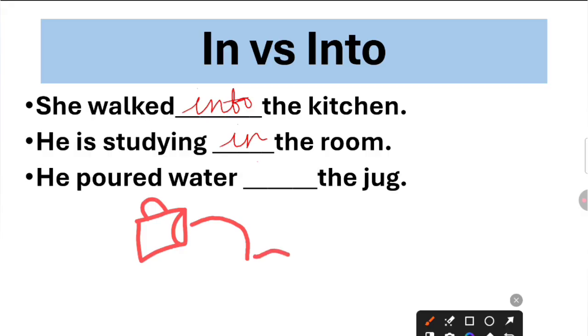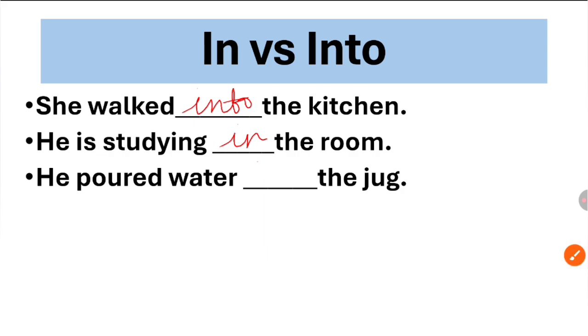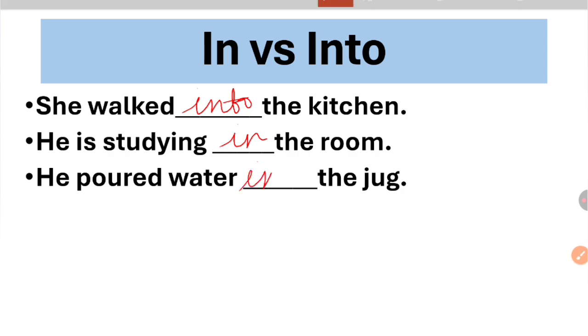Suppose there is a jug. Now you see, is there any movement? Yes, there is a movement. And what did I tell you? That when there is a movement of one thing from one place to another place, in that case we use into. So it's very clear. He poured water into the jug. Simple, clear.